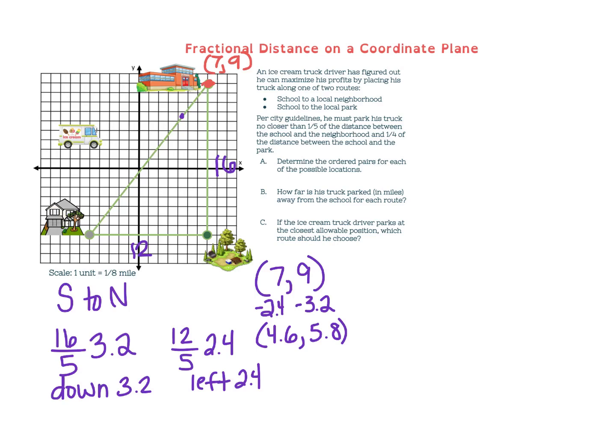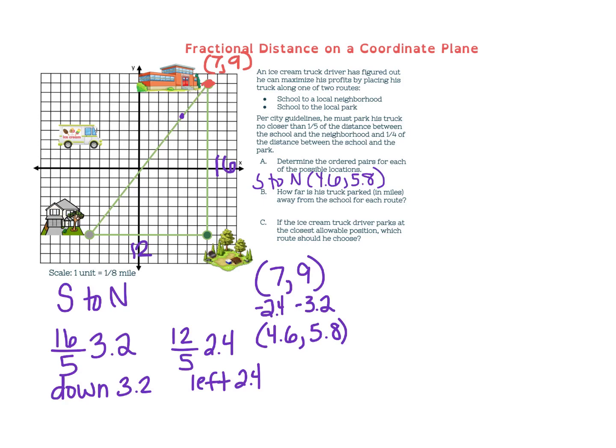So for the school to the neighborhood, that would be at 4.6, 5.8.